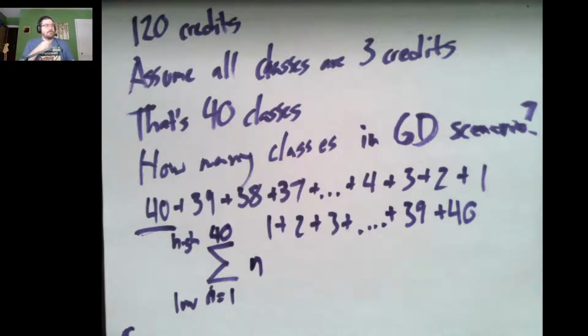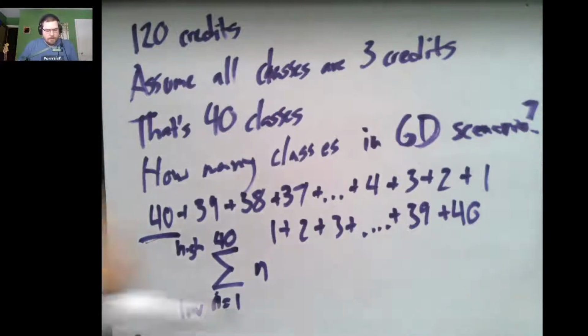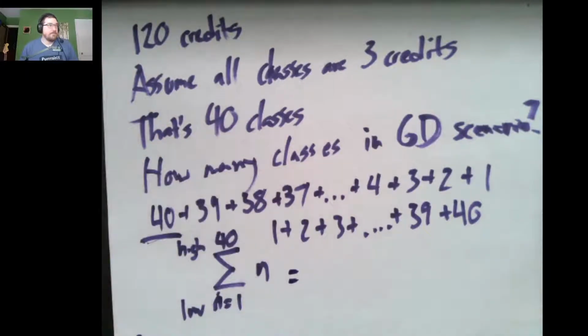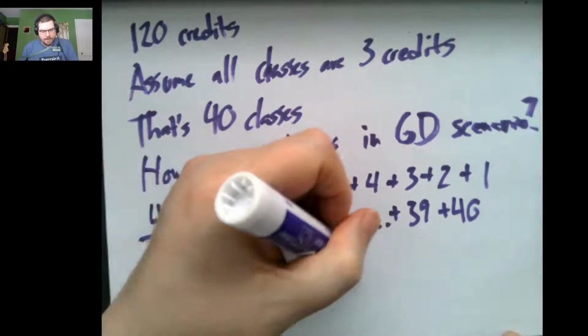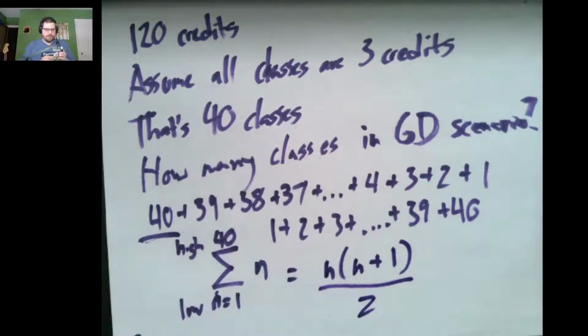Interesting. All right. Sloppy cut. All right, back from a sloppy cut. Excellent. So here's our summation. If we spend some time thinking about this, or working through it, or looking around our math textbooks, we find this is equal to n times n plus 1 over 2.